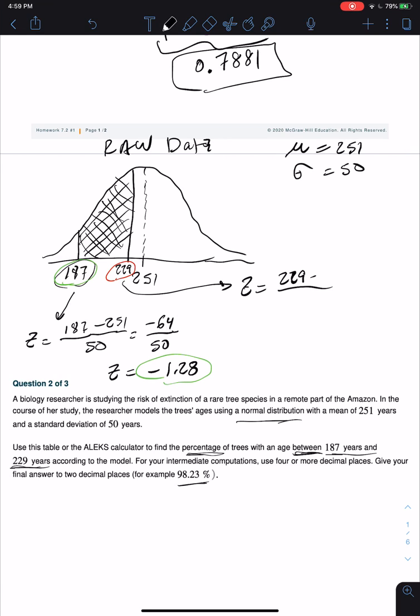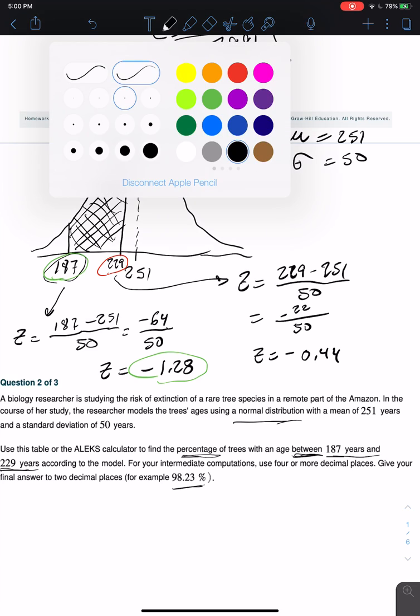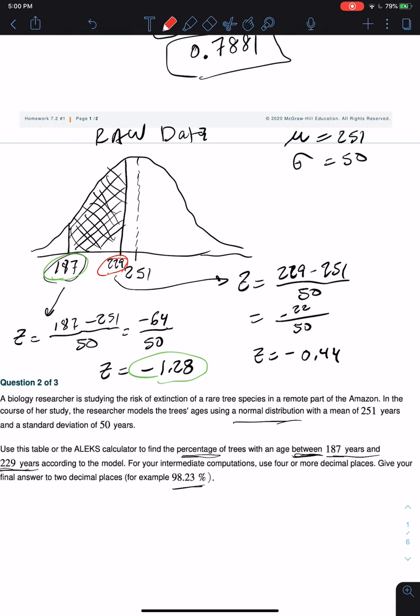So 229 minus a mean of 251 divided by the standard deviation. 229 minus 251 gives me a negative 22 over 50, which means this z-score is negative 0.44. And I'm going to use a little color showing that this tree age corresponds with this z-score.